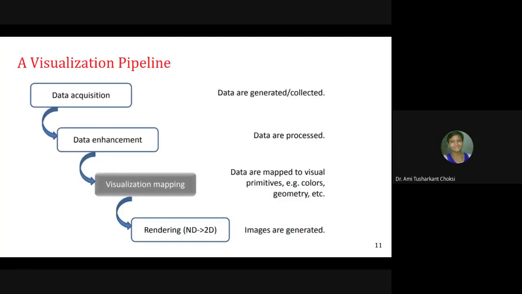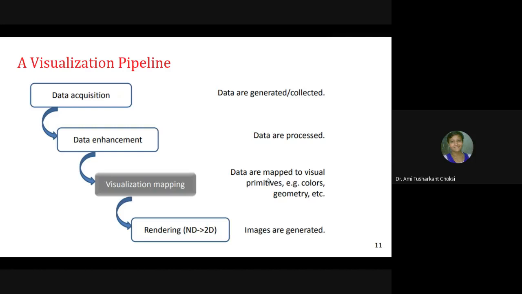Fine. So now we want to know the visualization pipeline. What is there in that? First is data acquisition. Data are generated or collected. Second is data enhancement, that is, data are processed. The third thing is visualization mapping.